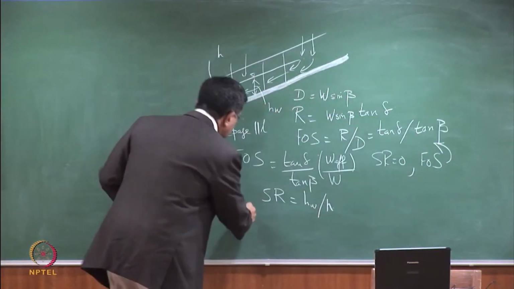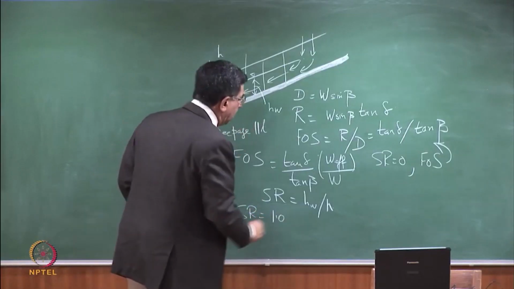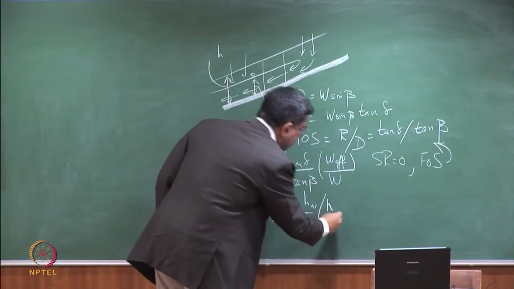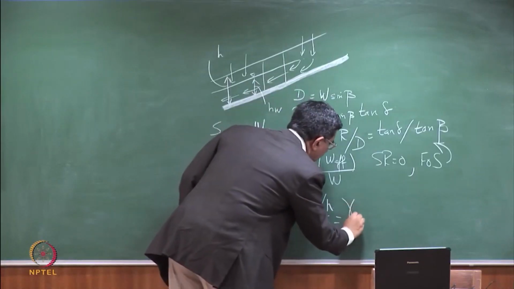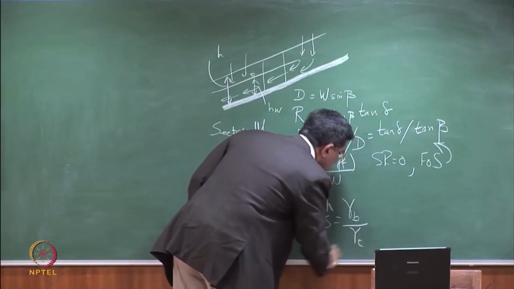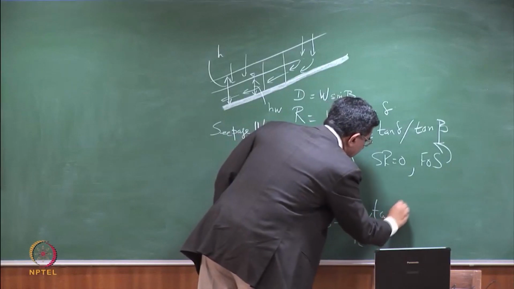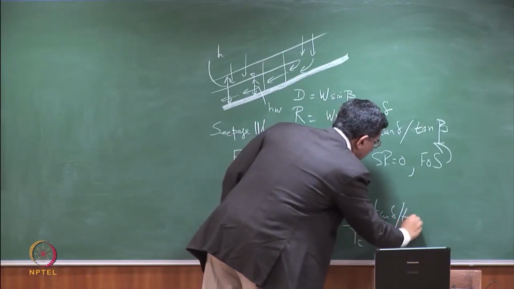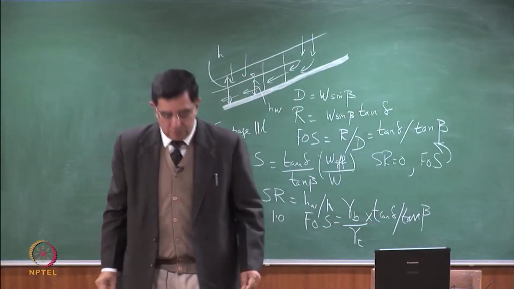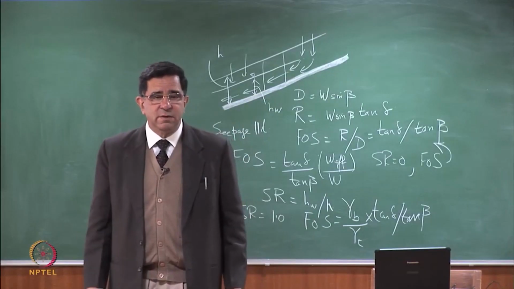But when SR is 1.0, then your factor of safety becomes gamma buoyant or gamma submerged divided by gamma total or gamma saturated, into tan delta by tan beta.